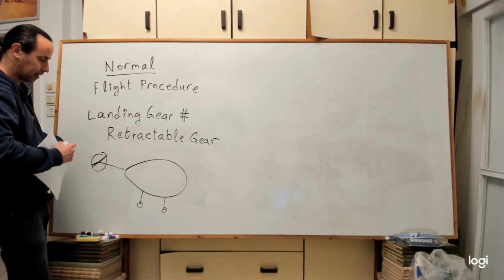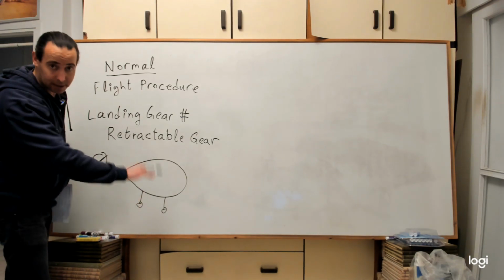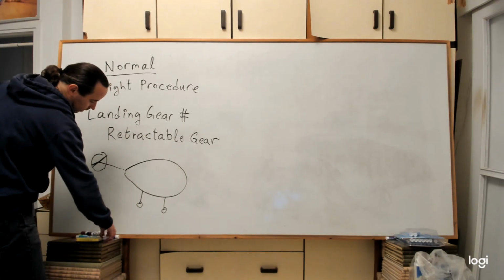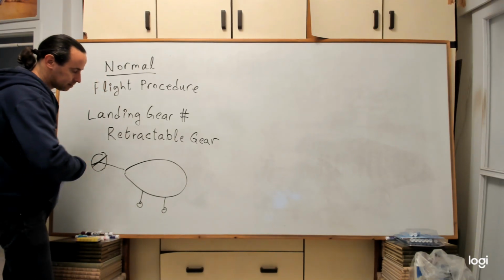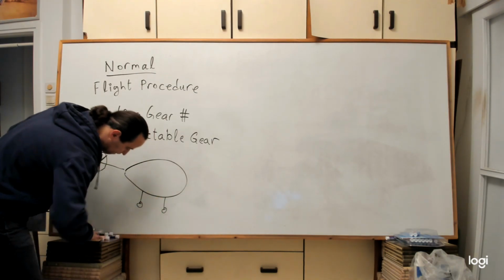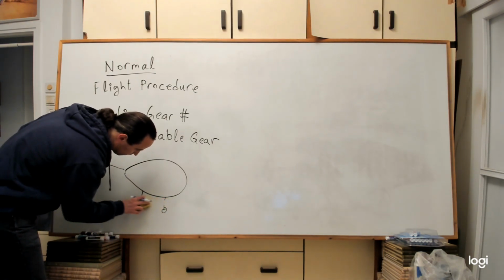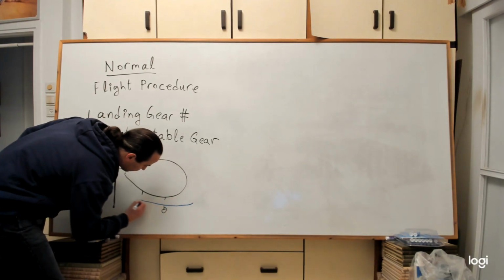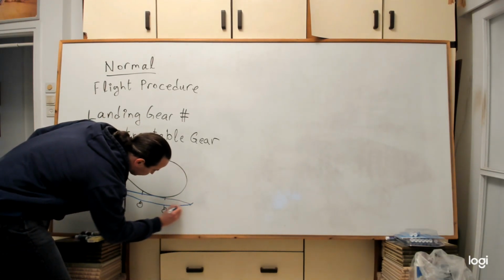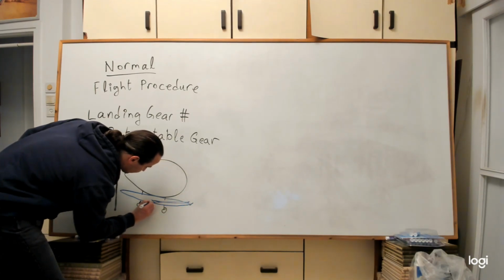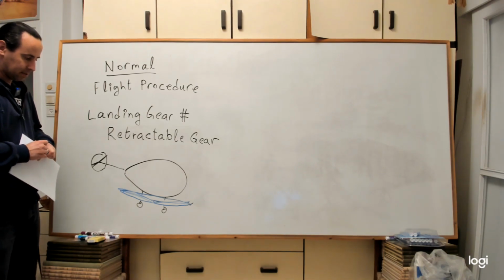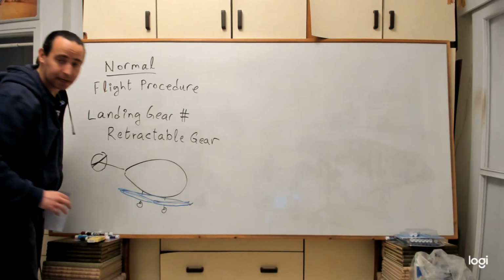The helicopter is standing when it's landing on the wheels, and above the wheels there is the rotor, but it's not rotating.